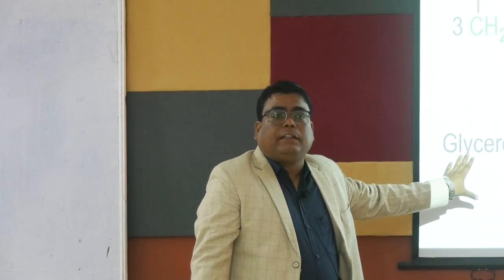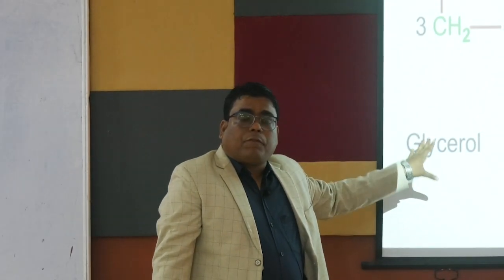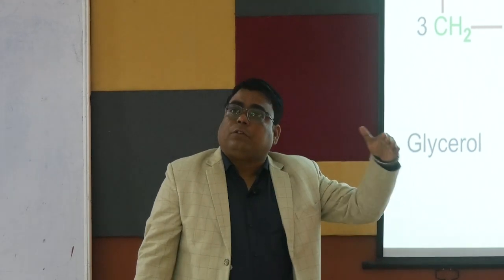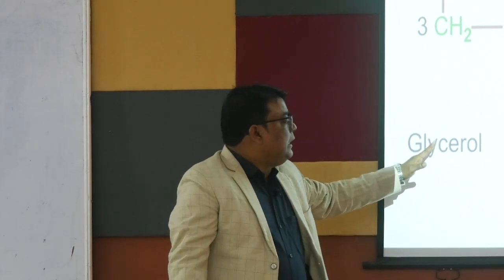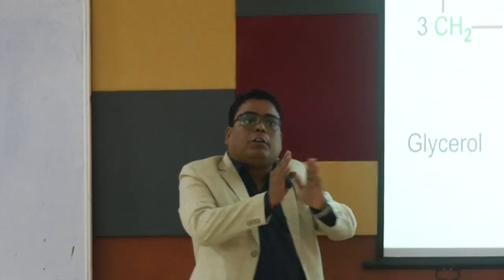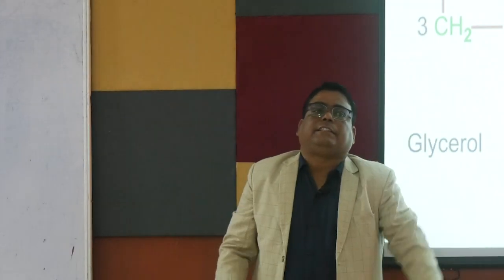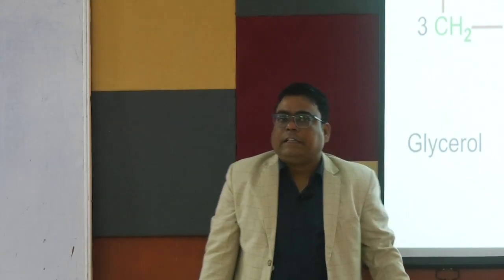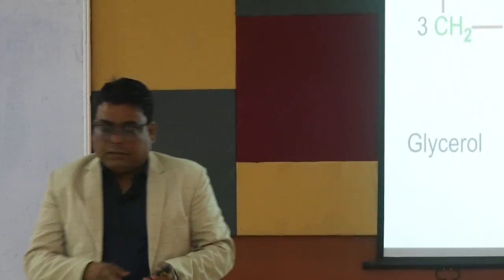This is very important, from the chemistry section up to the metabolism. If these molecules break down, the glycerol molecules separate out and all the fatty acid chains separate out. Understand? So these are the examples of simple lipids, which contain glycerol plus fatty acid chain.